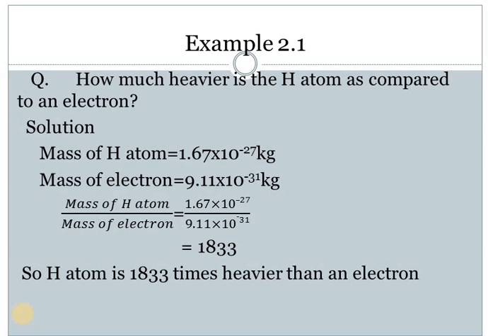If we just put it in this equation, mass of hydrogen atom divided by mass of an electron, the answer comes to be 1833. As we know that an electron is a small part of an atom, definitely the hydrogen atom would be heavier than an electron. How much heavier? The hydrogen atom is 1833 times heavier than an electron.